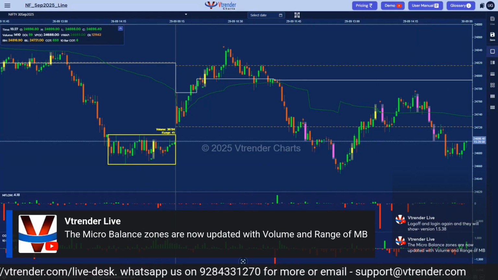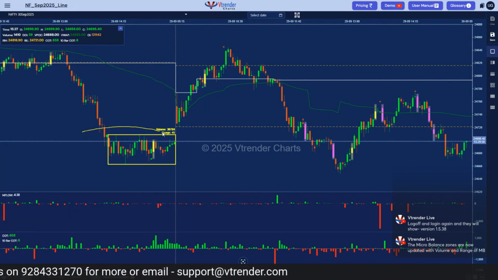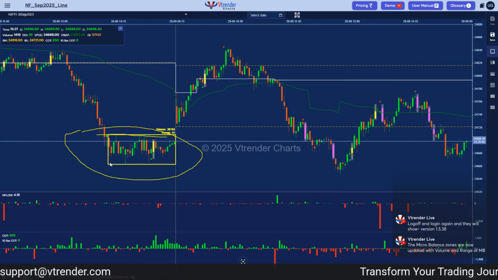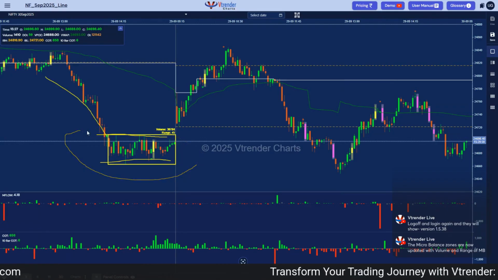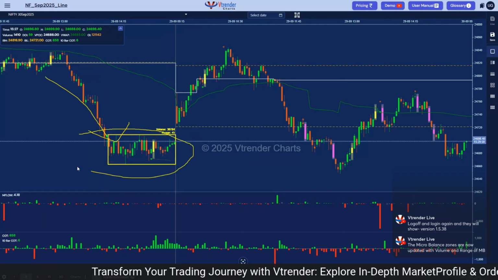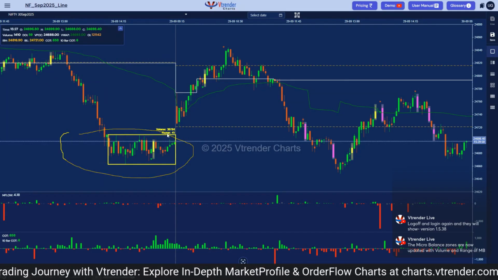So as you can see, today we did not have any micro balance, but what we saw on Friday into the close, this was a micro balance. So what is this telling us? The imbalance which was there on Friday had turned into a balance into the close, and this micro balance range, you can see how the range was just 45 points.